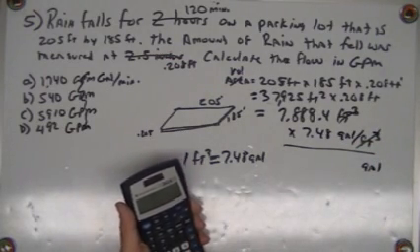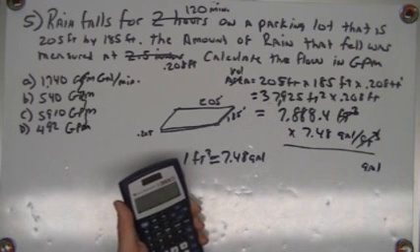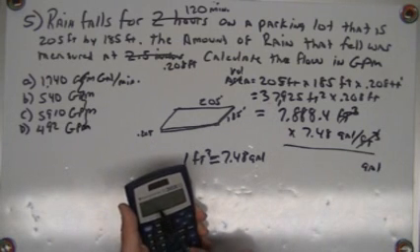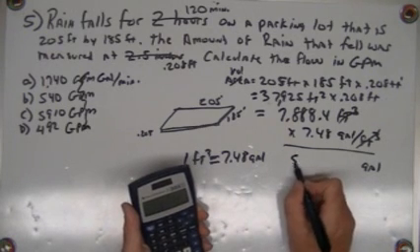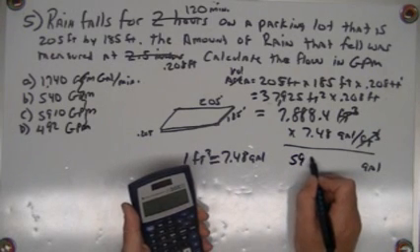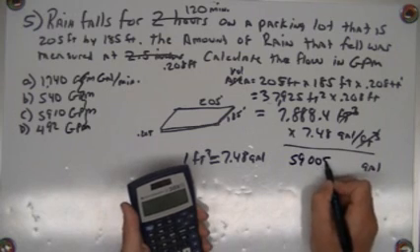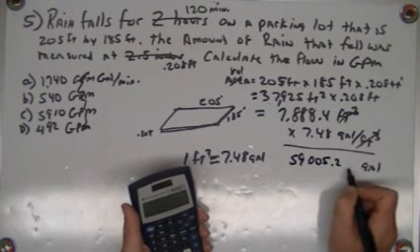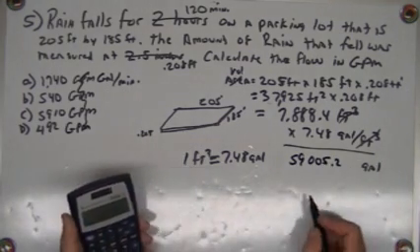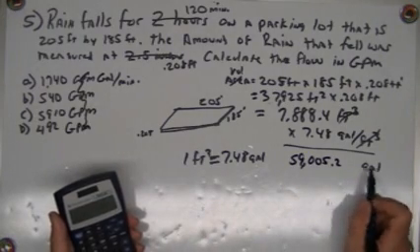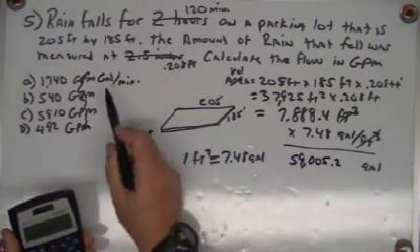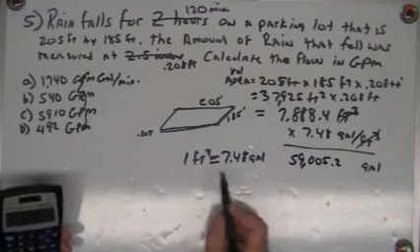So let's go times 7.48, and it's going to give me 59,005.2 gallons. Close enough. 59,005.2 gallons. So there's my formula, gallons per minute.